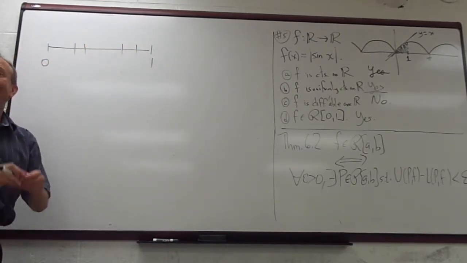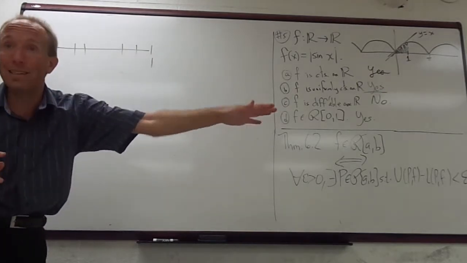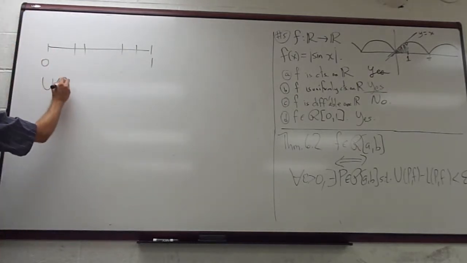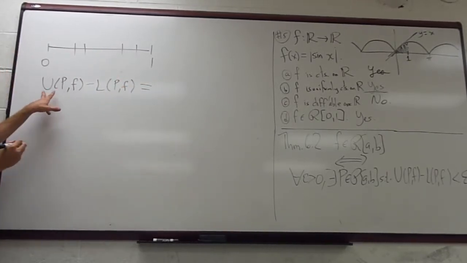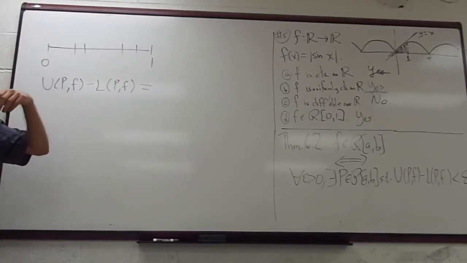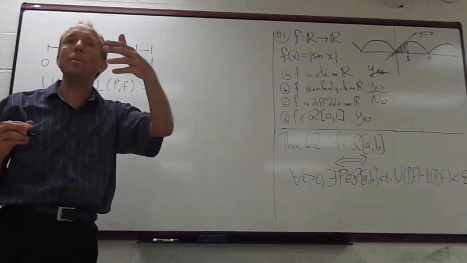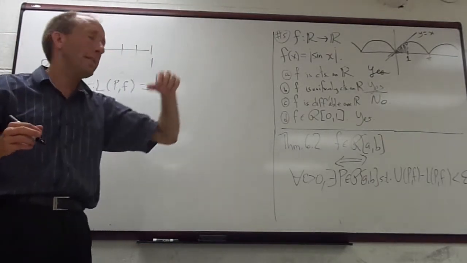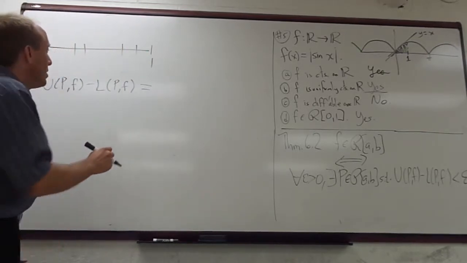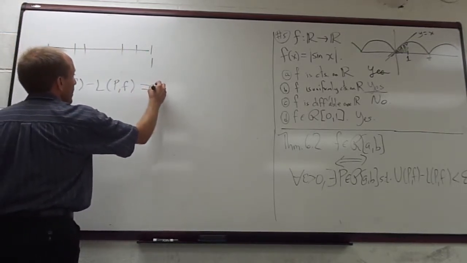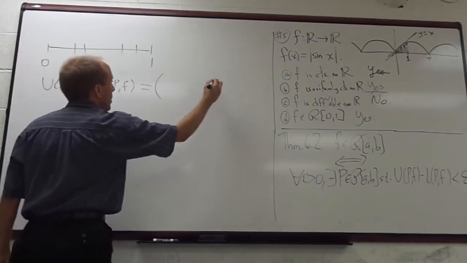Okay? Now, when I look at UPF minus LPF, let's remember how we would calculate that. The UPF is the sum of the delta xi's times the capital Mi's, and the LPF is the sum of the delta xi's times the little mi's. So I can view this as two parts here.